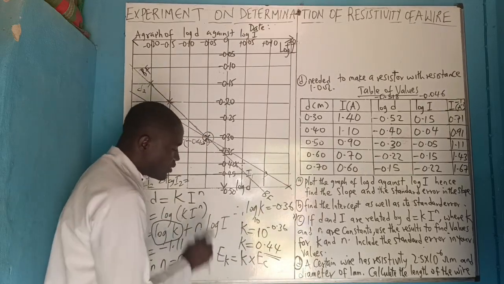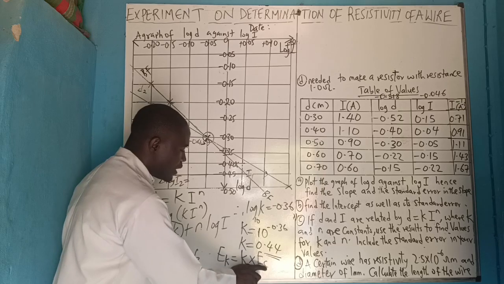The value of k times error in intercept.